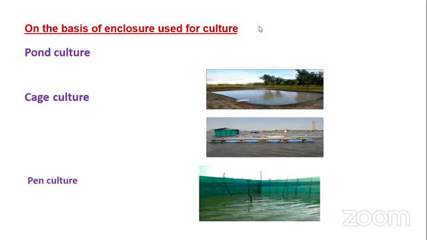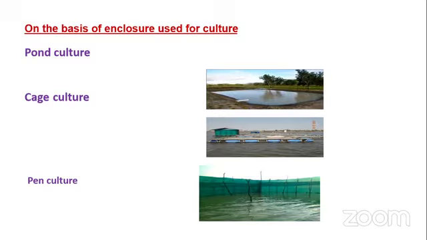Apart from that, there are monosex culture practices, where we culture only a single sex, like tilapia, which I have already mentioned in monoculture. Nowadays only male fish are cultured in the monosex system. Then the monoculture system, where only a single species is cultured.